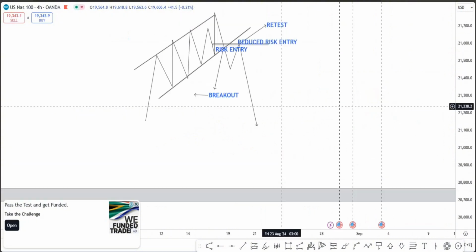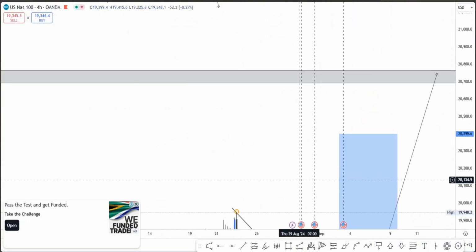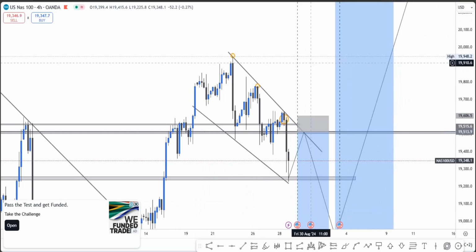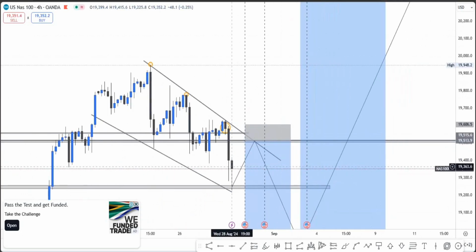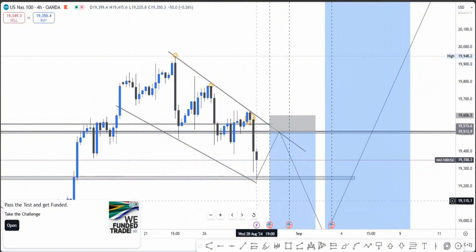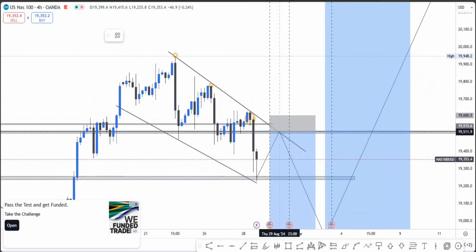So currently, if you look at this point, and again here, at a certain point here this could be a risk entry, and again at a certain point here, this could be a what?